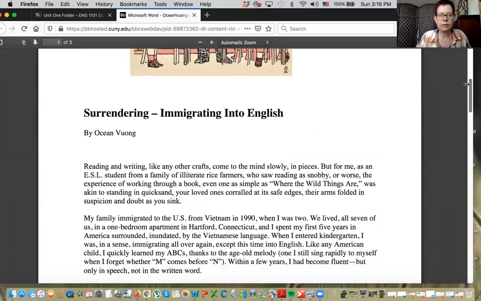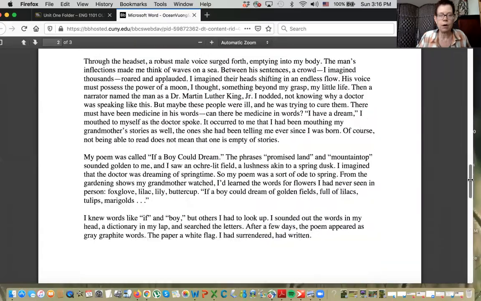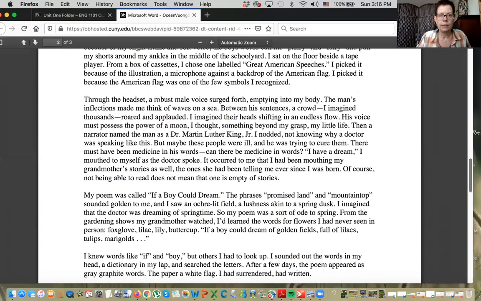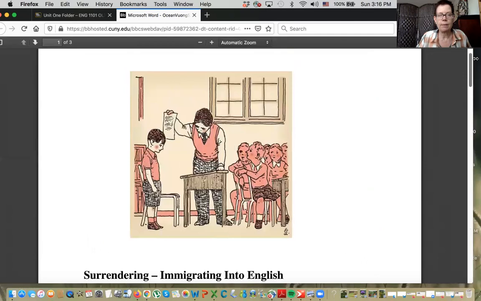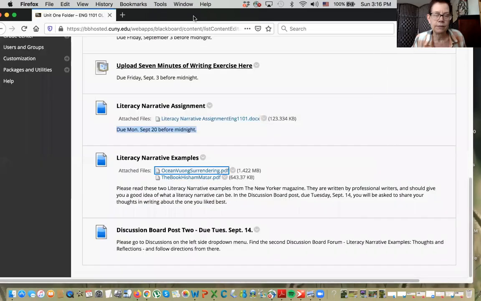So a literacy narrative is not a super long form. It's a short essay. And he's writing about a memory of a school assignment that he did as an elementary school child in an ESL setting. All right, so I'm not going to give you any spoilers.